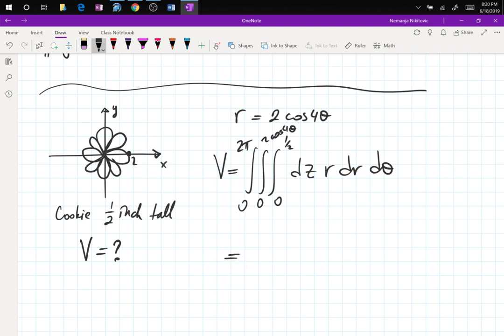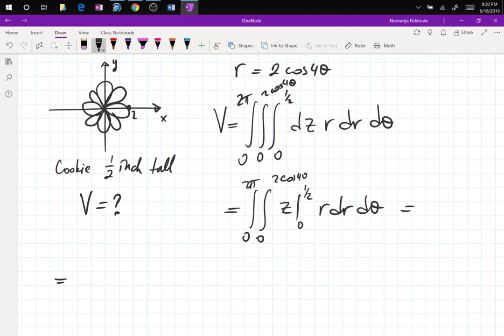So when I integrate z, it will be a double integral of z from 0 to 1/2, r dr d theta, with theta from 0 to 2 pi and r from 0 to 2 cosine 4 theta. Then we would have 1/2 jump in front, double integral of r dr d theta, from 0 to 2 pi and 0 to 2 cosine 4 theta.